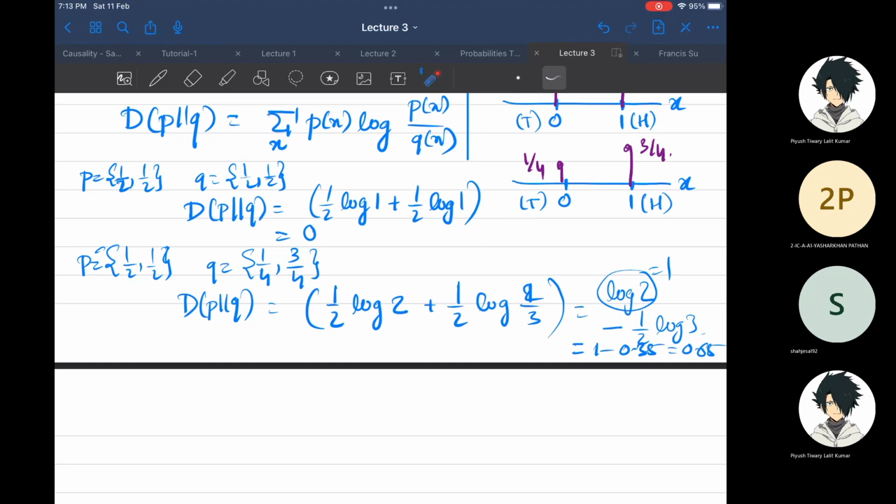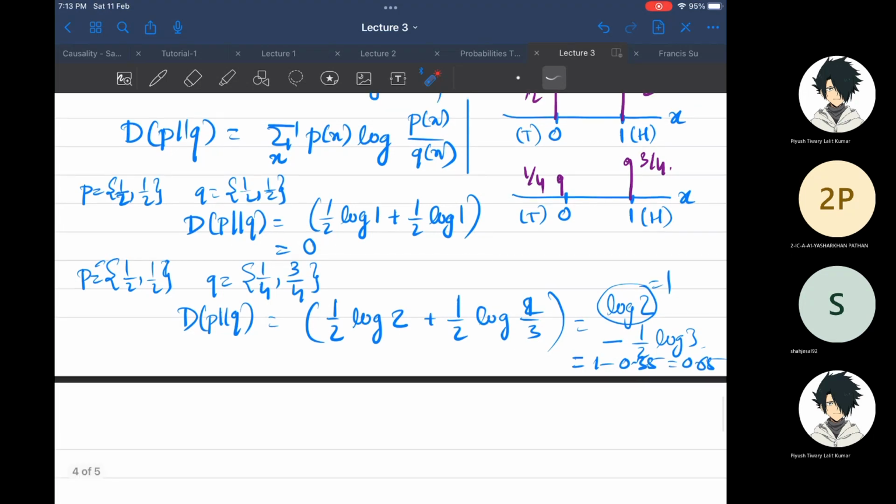Since it is not 0, you can see that in some sense it is telling you P and Q are somewhat far away. They are not the same. If it was the same, then you would have arrived at 0. So this is an argument that I am presenting.